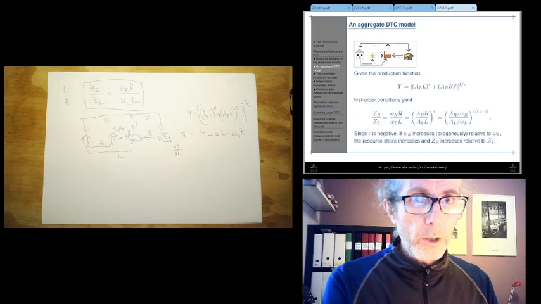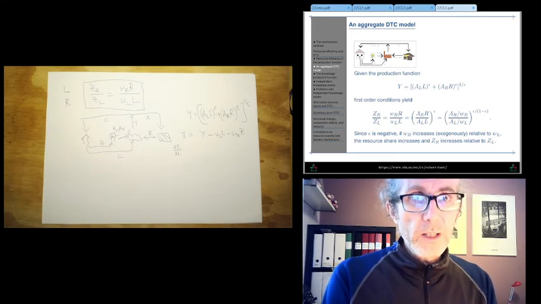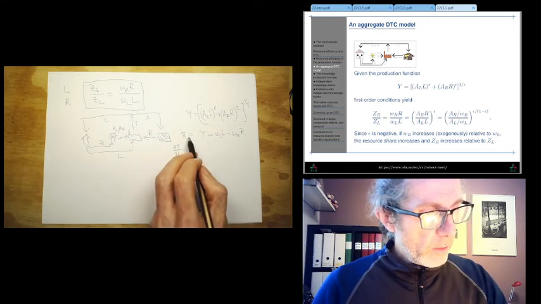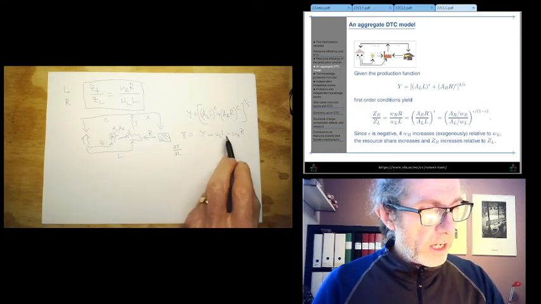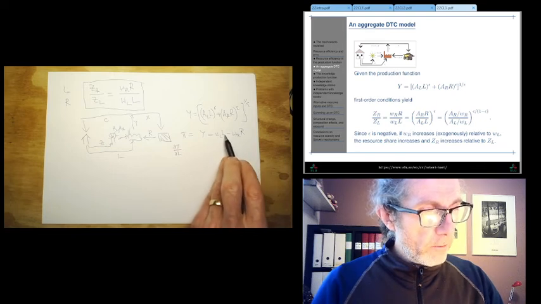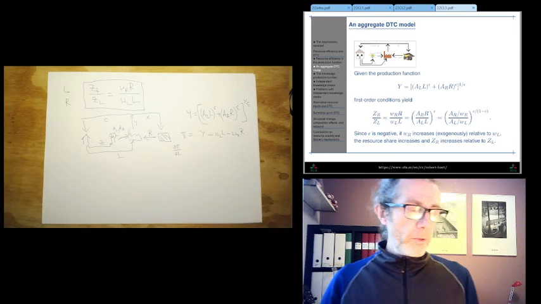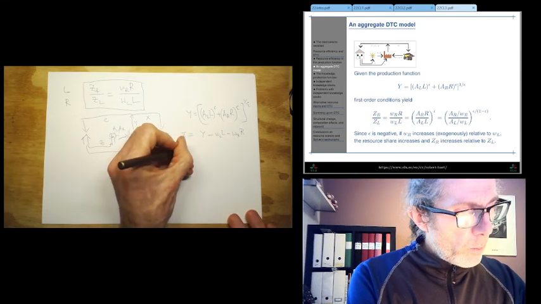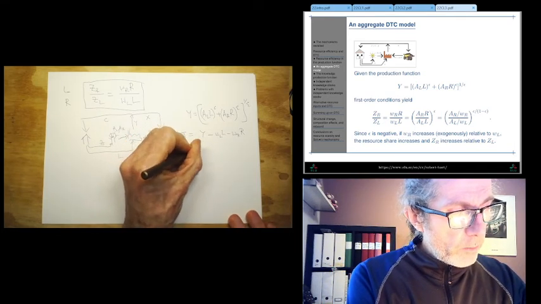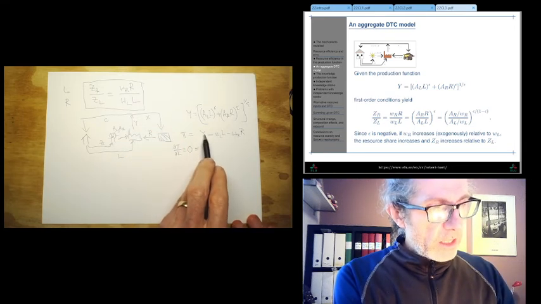So we've got perfect markets, loads of these producers, but we're focusing on the representative producer, who takes W_L and W_R as given and chooses how much labor to hire and how much resource to buy. So dπ/dL, we know at the optimum must be 0, and that is dY/dL.